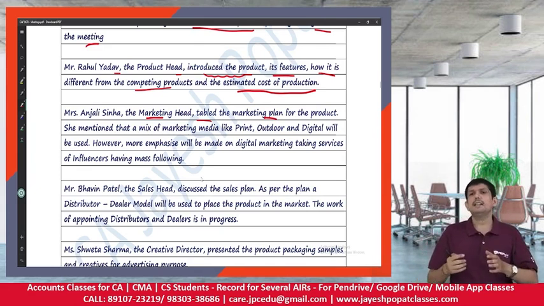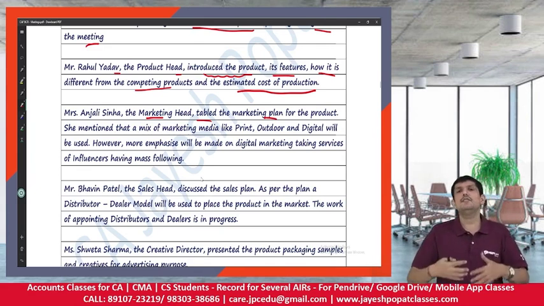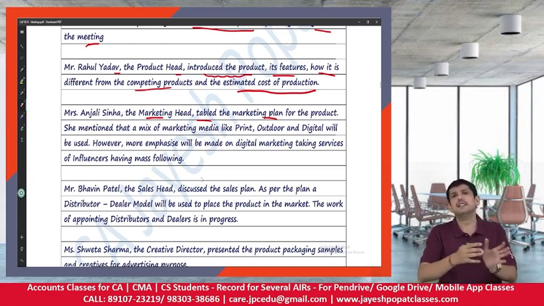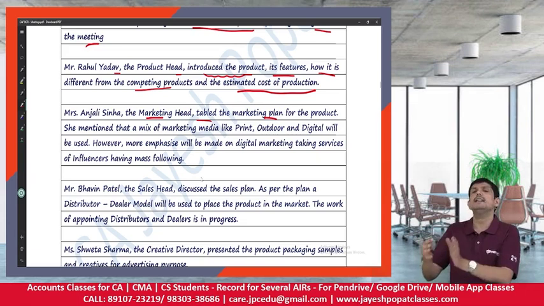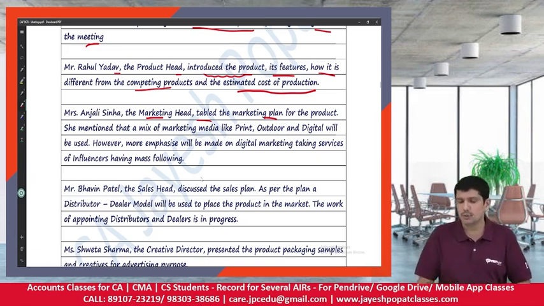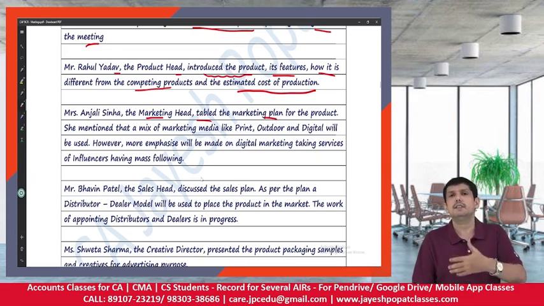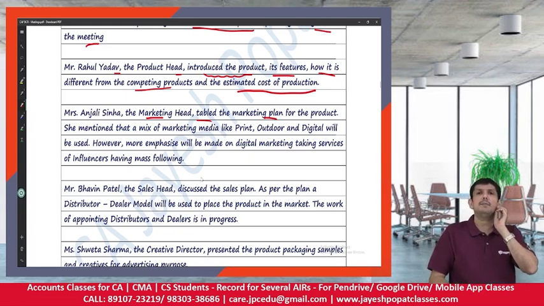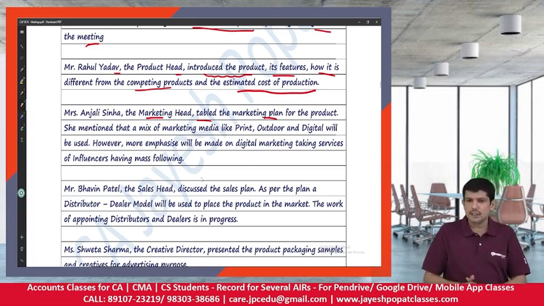You could say that the marketing manager revealed the marketing plan, or the marketing head discussed the marketing plan. But this is good vocabulary. That tabled the marketing plan means she put forward, or presented, the marketing plan to the people who were present in the meeting.